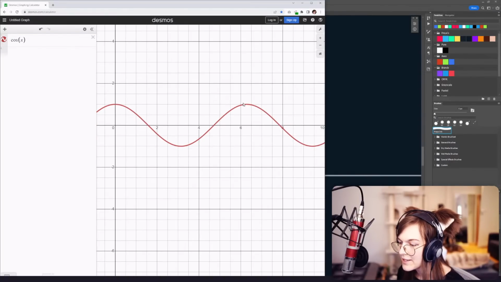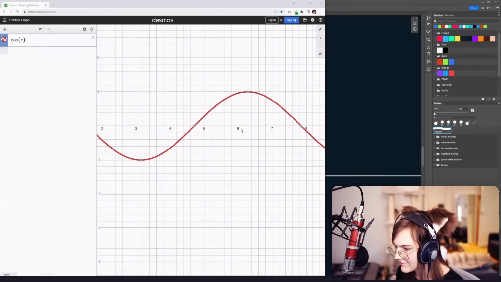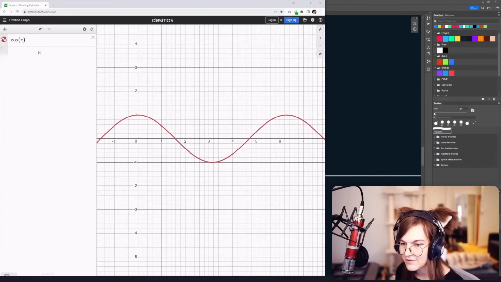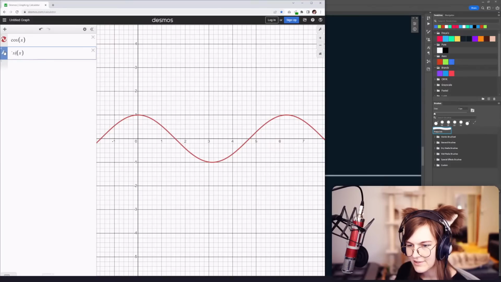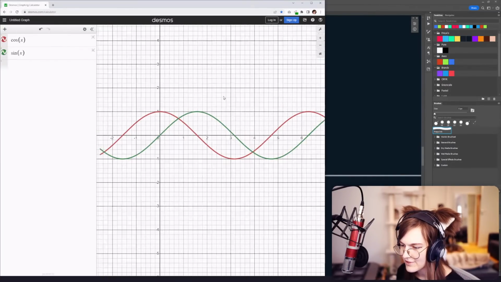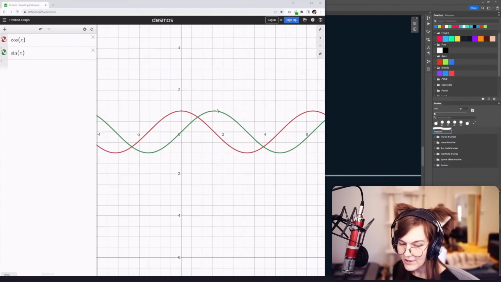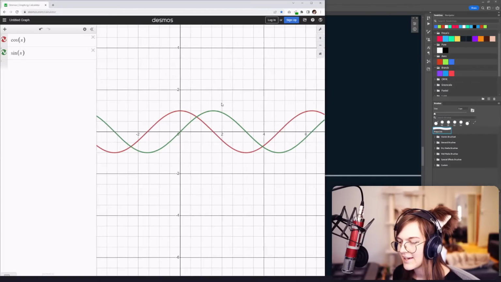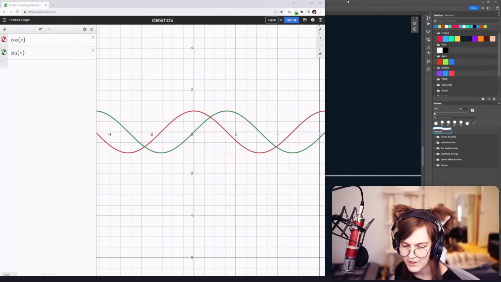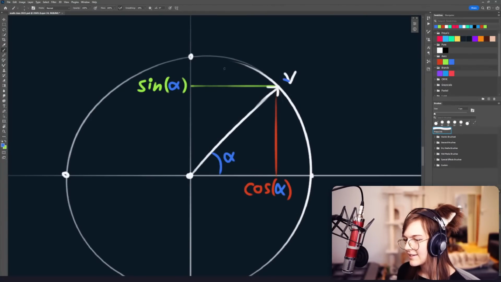And so that's why it's repeating after a value of 6.28, etc. So that's what the cosine is. And of course, we can add the sine function as well. And again, the sine function corresponds to the y-coordinate of this vector as we increase the angle.